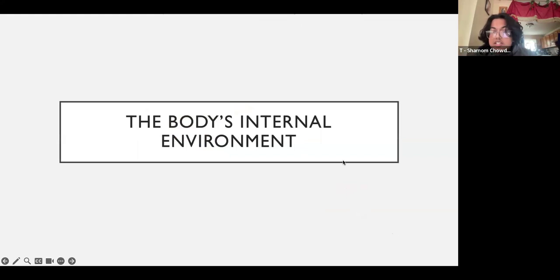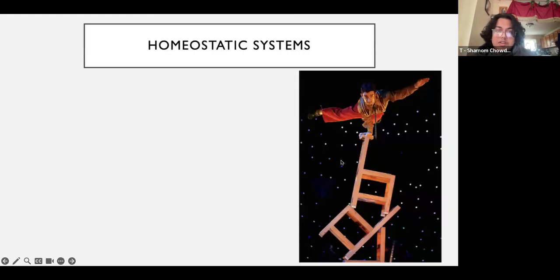Your body also has an internal environment that it needs to keep. So, homeostasis. Your body needs stability. It wants to remain at a regular temperature, regular everything. Everything wants to be as stable as possible. Our body doesn't necessarily like any change. There's also a set point, which is the point where your body is essentially at its most stable.